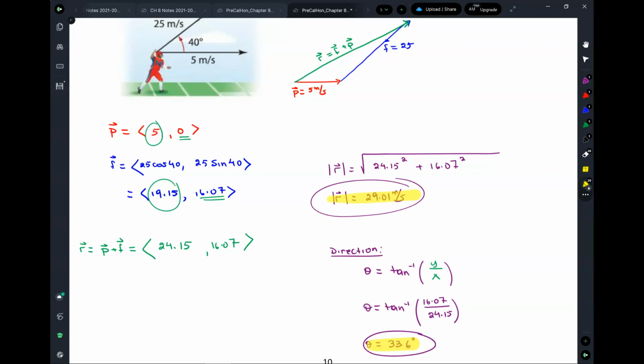Okay? And then the angle, do you see how the green is angled slightly lower than this one? Right? So he may have thrown it up at 40 degrees, but because he was also running forward, the two of them combine, and it's now traveling at a different angle.